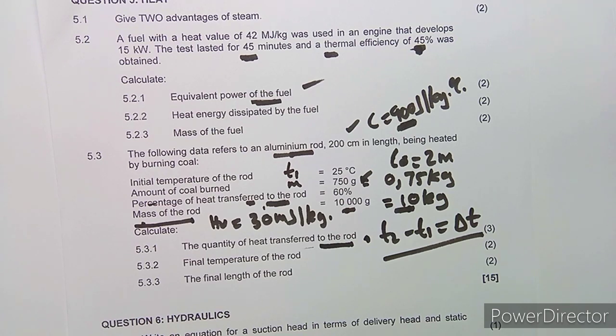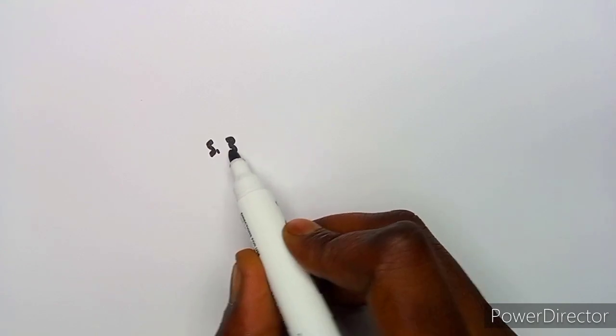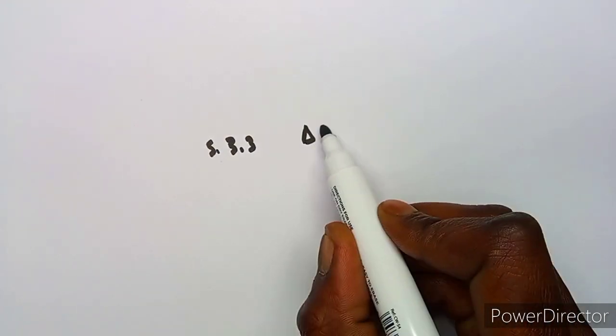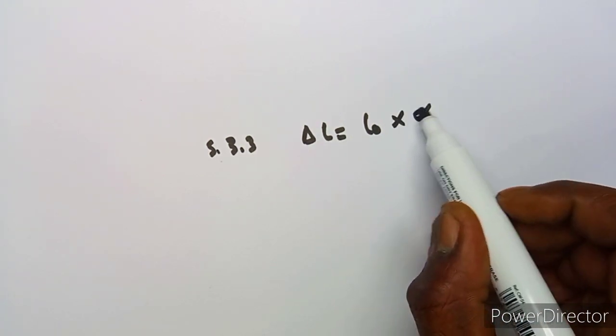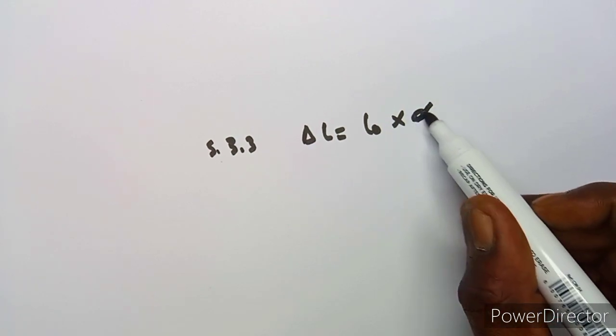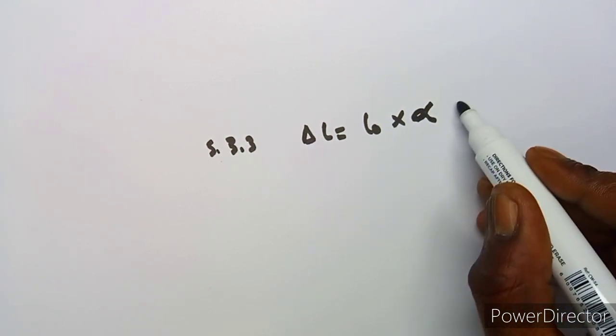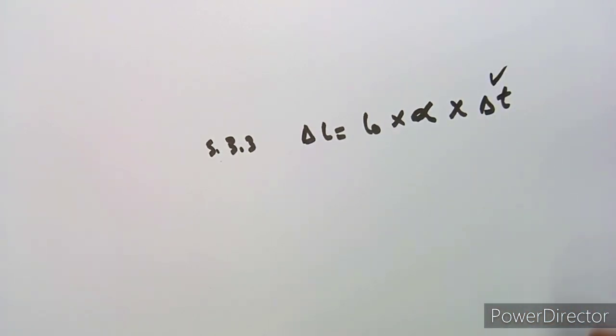The final length, this time we are working with the length. So let's go back to our relationship between the change in length and the original length, where we know that the change in length is equivalent to the original length times the linear coefficient of expansion times the change in temperature, of which the change in temperature is already there.